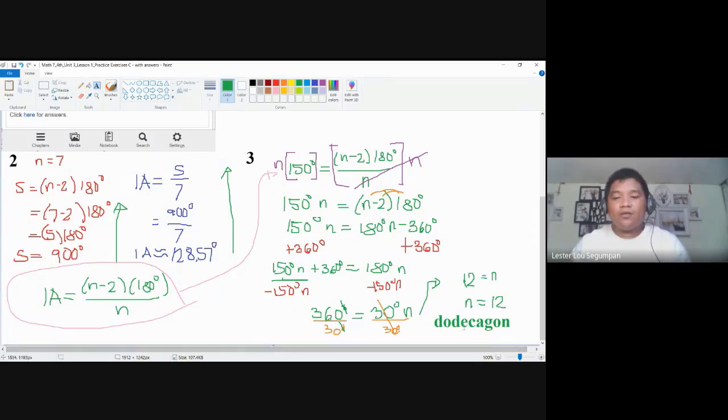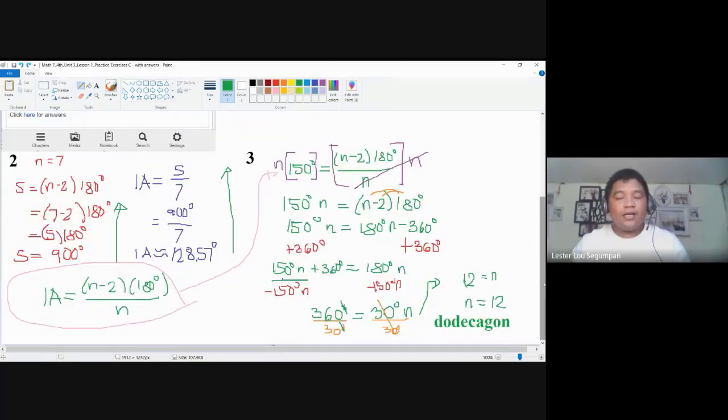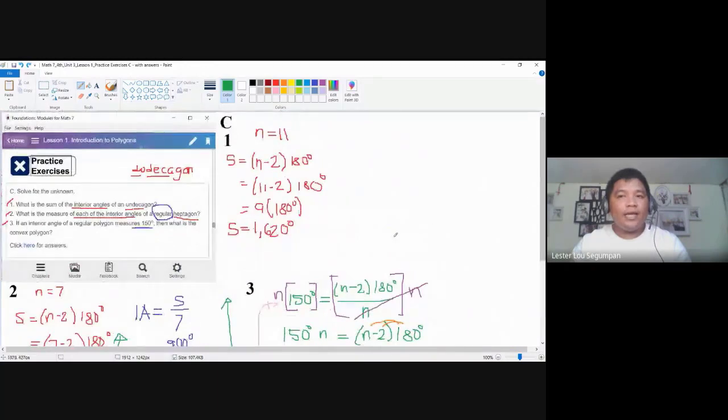If you would like to be convinced whether your number 3 answer is correct or not, you can always check using the processes stated in number 1 and number 2.